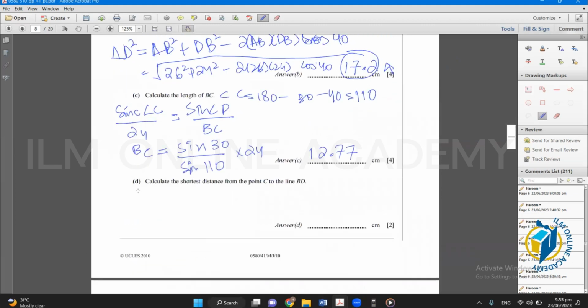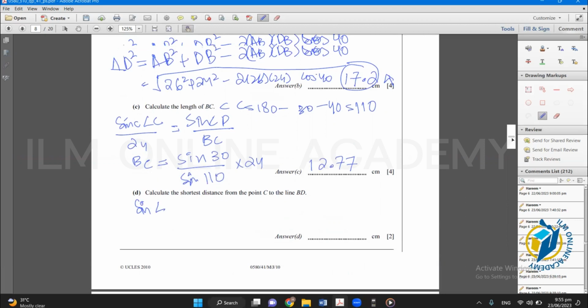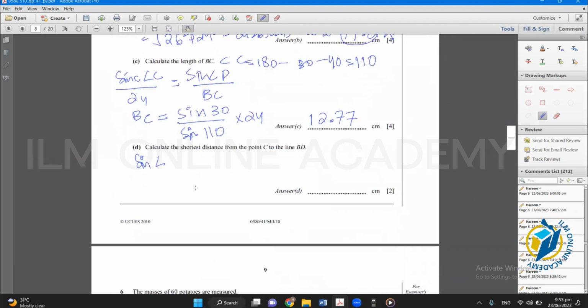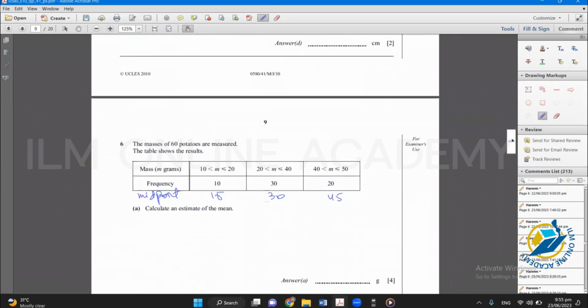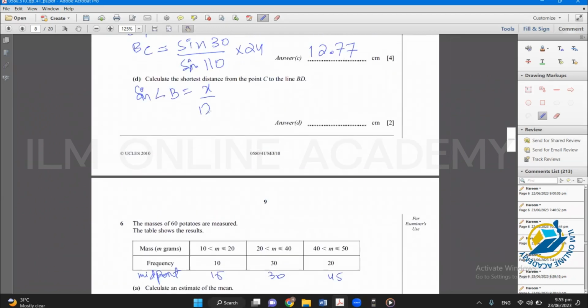Sine angle B, which angle is here? Sine angle B equals, consider it x, over perpendicular over hypotenuse, or opposite over hypotenuse, and the value is 12.77.